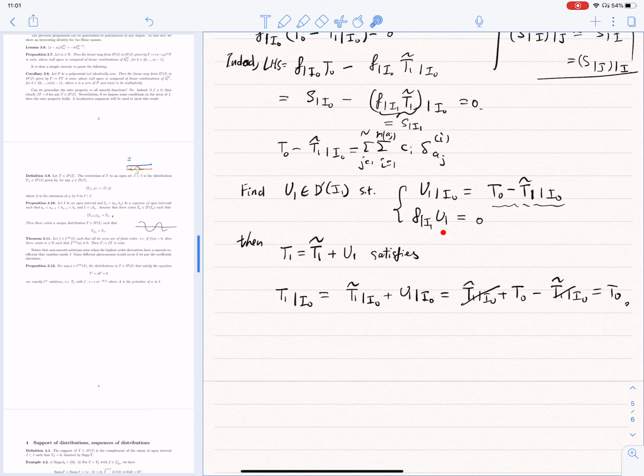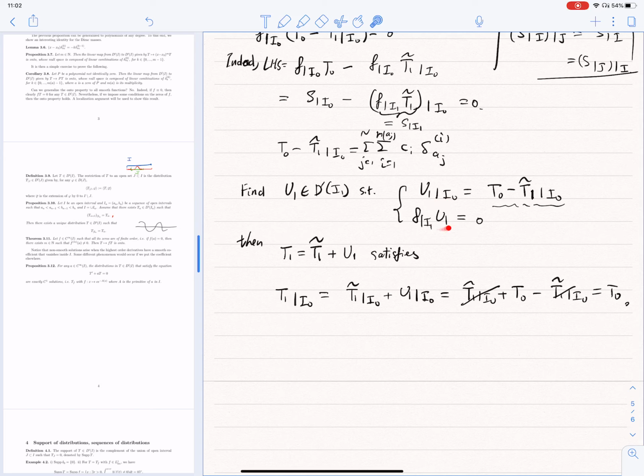We can find a U1 which will be the linear combination of Dirac masses at the zeros of f inside I1 and its derivatives. Since all the zeros of f inside I naught will be zeros of f inside I1, because I1 is a larger interval, all these will also appear in the solution of this equation.